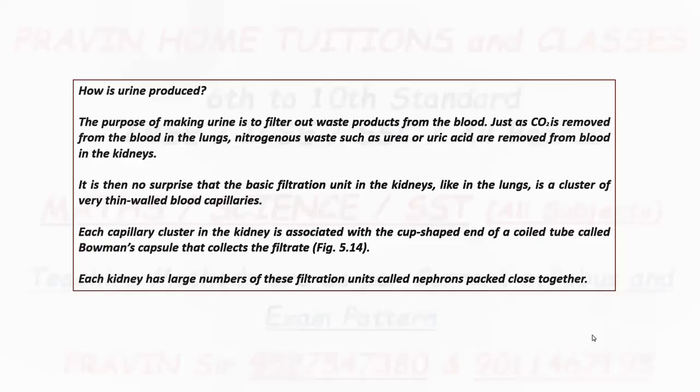Each kidney has a filtration unit called a nephron. They are closely packed together. Each nephron is associated with a cup-shaped end of a coiled tube called Bowman's capsule that collects the filtrate.